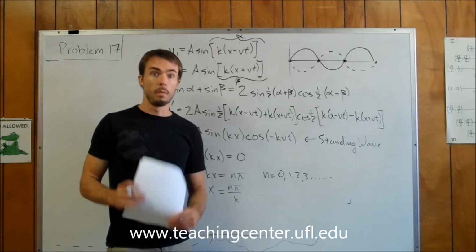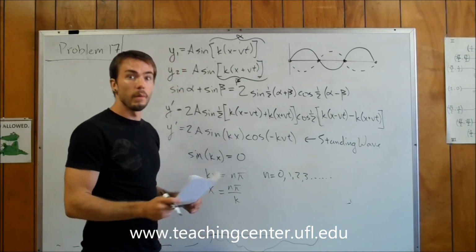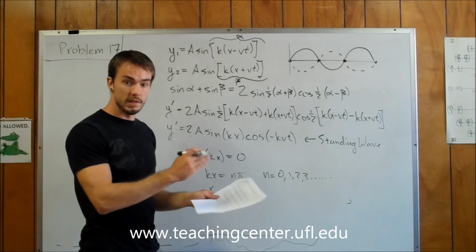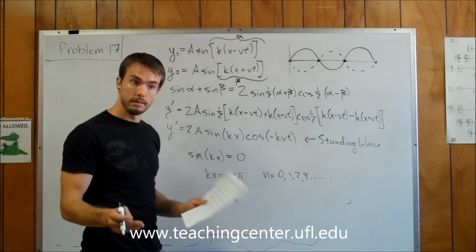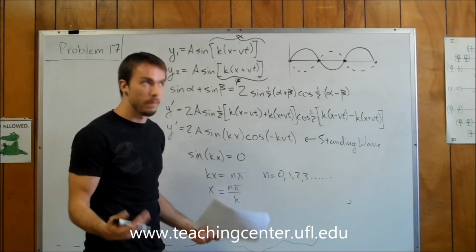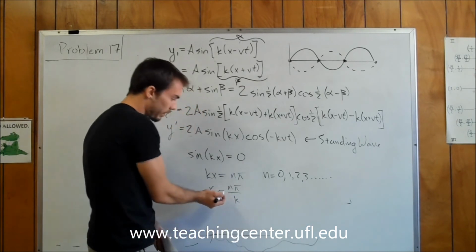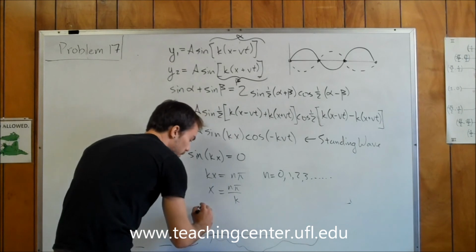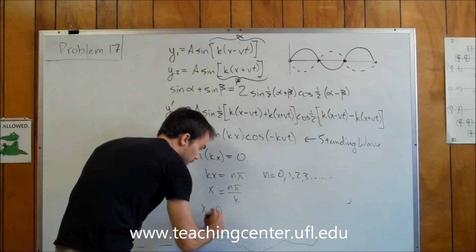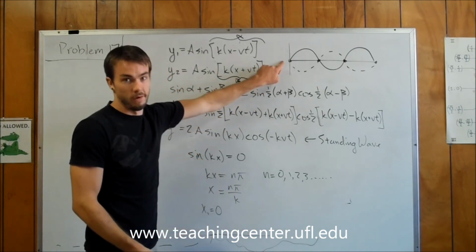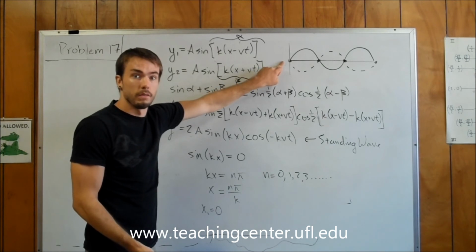Now, they don't actually want locations of the nodes. They want to know the distance between each and every one of those nodes. If we figure out 2 or 3 of them, we can start to see a pattern. The first one occurs when n is equal to 0, right where the wave starts, wherever that boundary is.